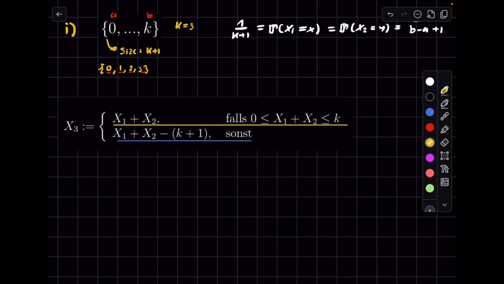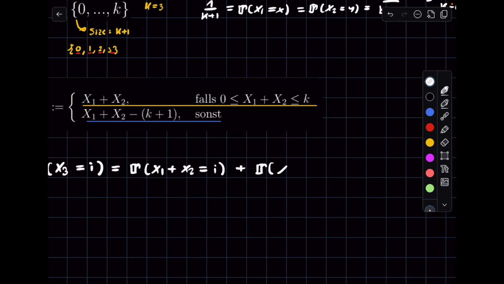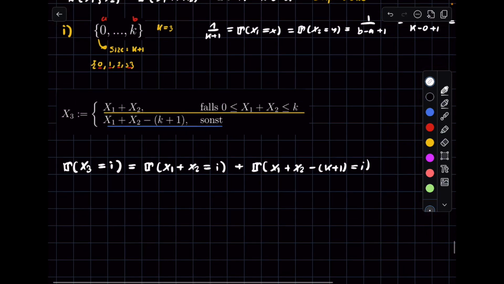So for the orange case, P(x3 = i), where i is whatever value, is equal to P(x1 + x2 = i) plus P(x1 + x2 - (k + 1) = i).